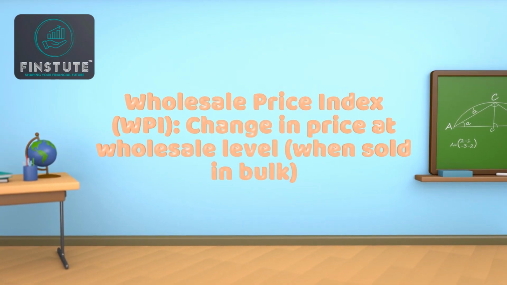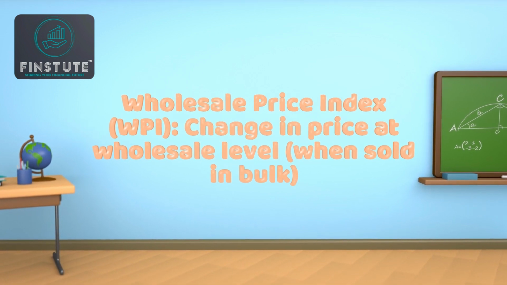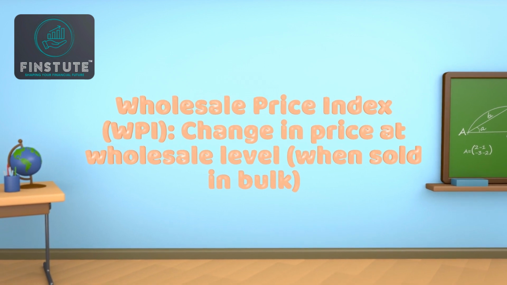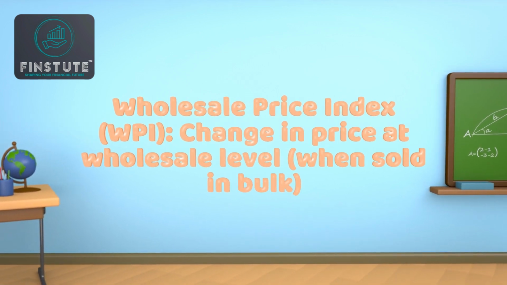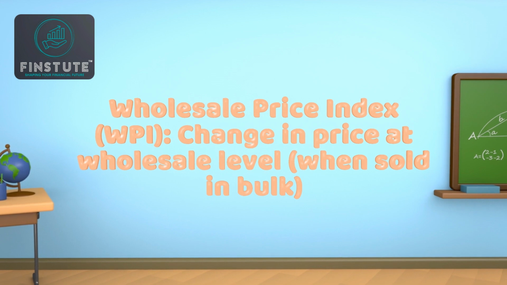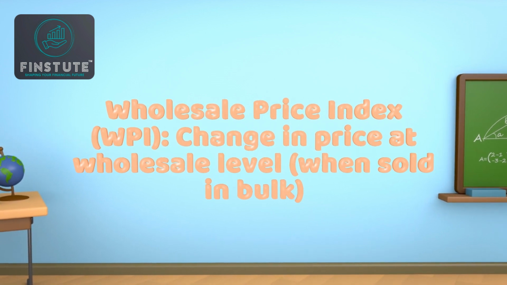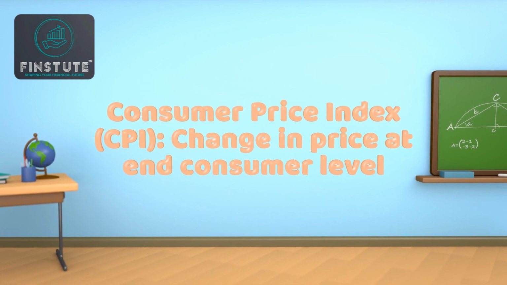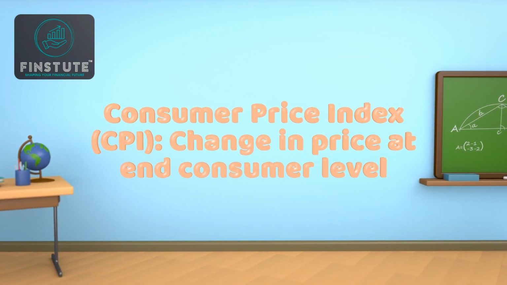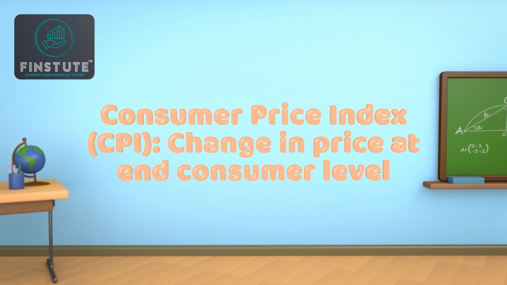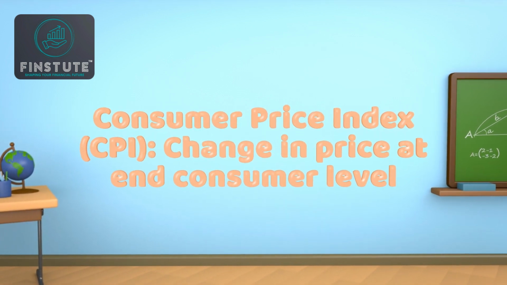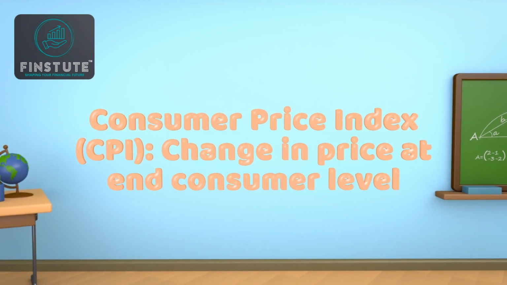One at the wholesale level, that is, prices at which the goods are sold in bulk by manufacturers and wholesalers before they reach the final consumers. This is called Wholesale Price Index, WPI. Two, at the end consumer level, that is, the prices at which the goods are bought by the end consumer. This is called Consumer Price Index, CPI.